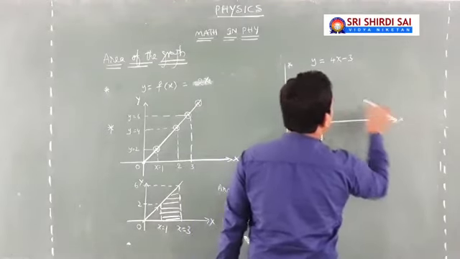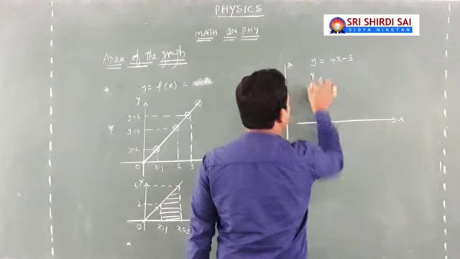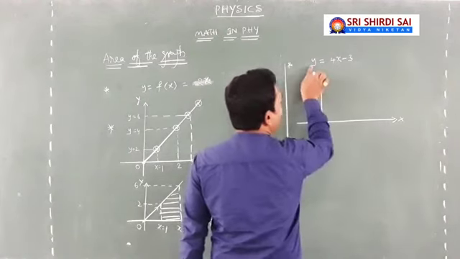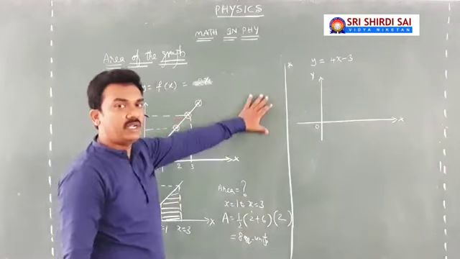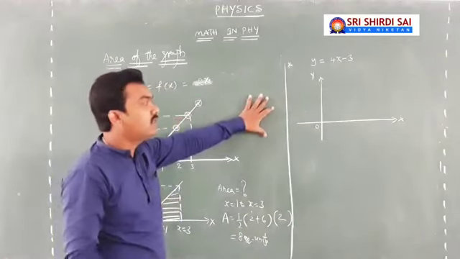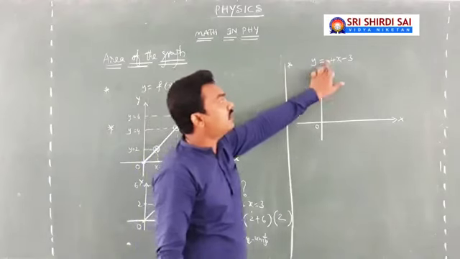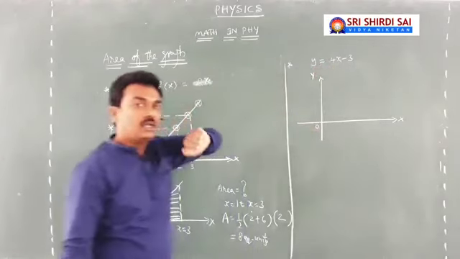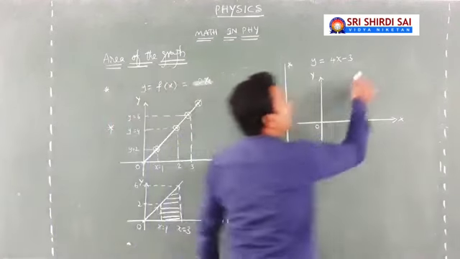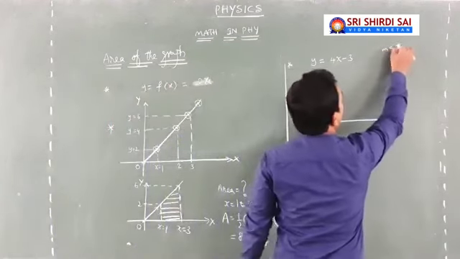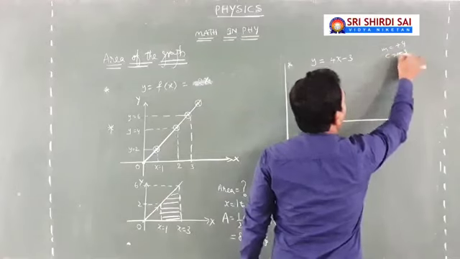Can you guess the shape of the graph? Yes, you can guess. It resembles y equal to mx plus c. This explanation will even let you revise earlier concepts. The equation y equal to 4x minus 3 resembles y equal to mx plus c with m equal to 4 and c equal to minus 3.